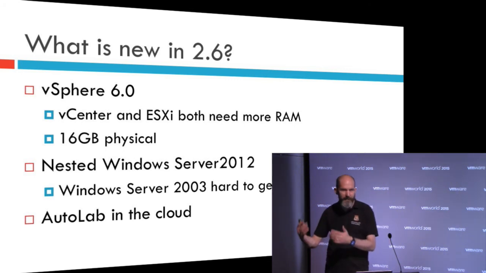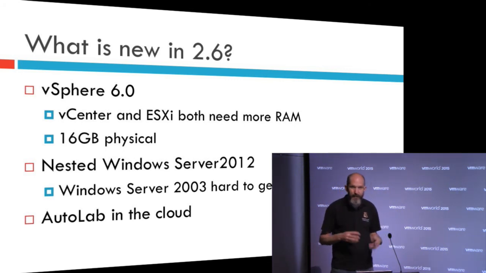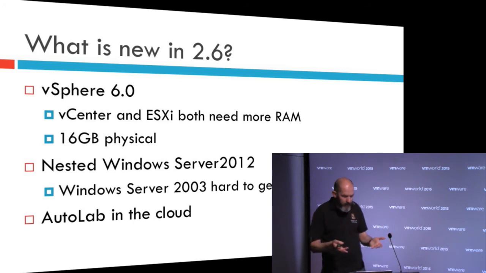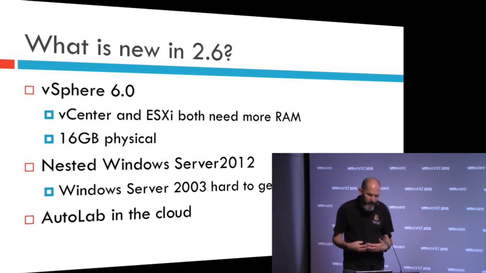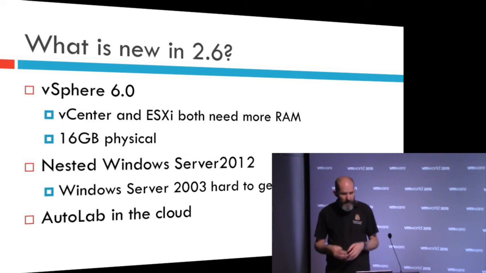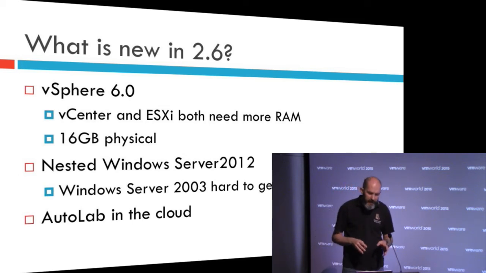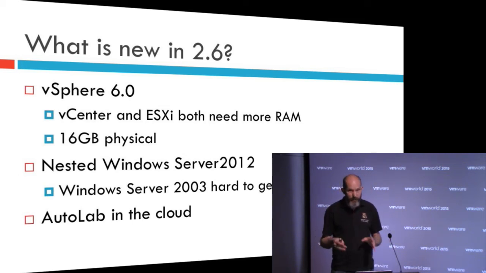Now I've allowed it to be used as nested automatically, because unlike me, a lot of the people who are learning vSphere now were not in IT when Windows Server 2003 was released. Some of them were still in high school. And consequently, they don't have those ISOs hanging around, and having some nested virtual machines to play with is really important.